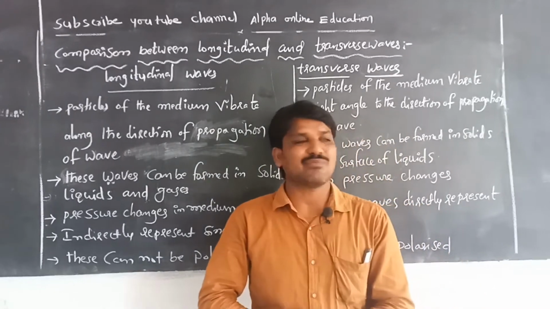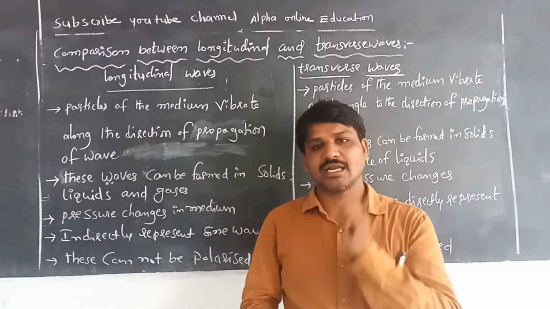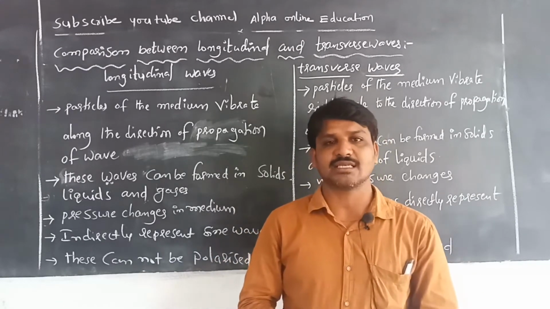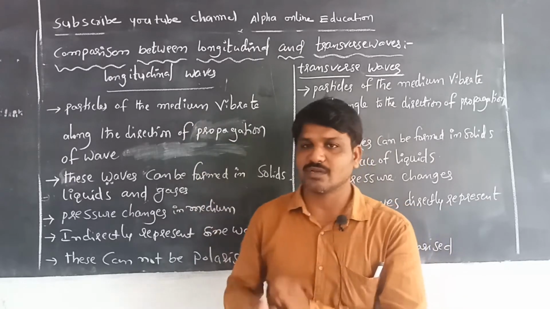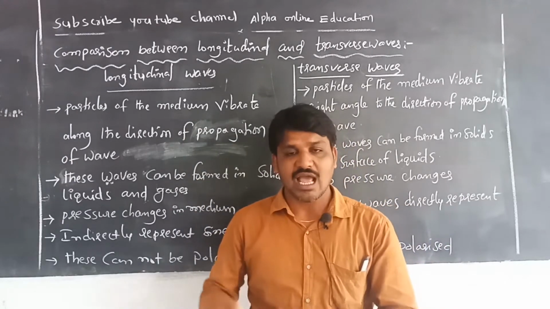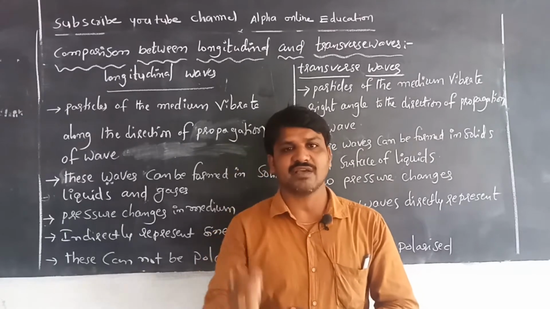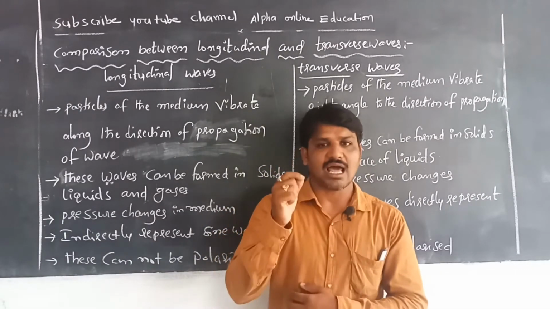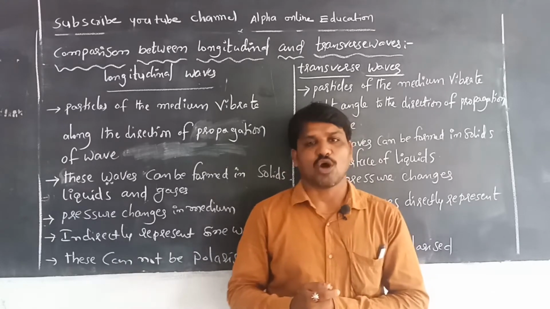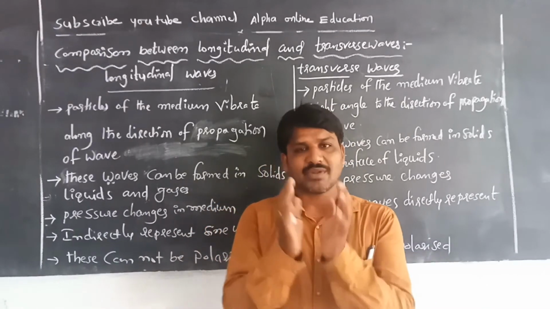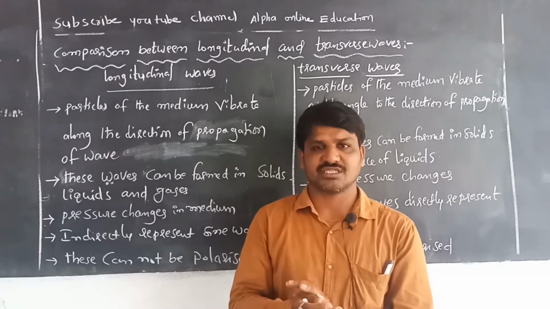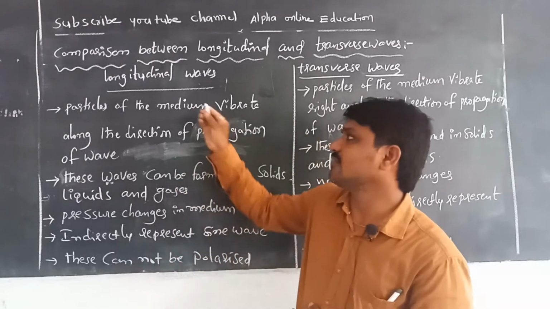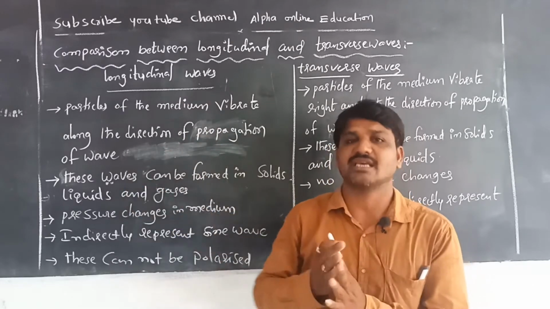These waves can be formed in solids, liquids, and gases. Longitudinal waves are possible in all types of matter. Whenever longitudinal waves propagate in a medium, the pressure of the medium changes.